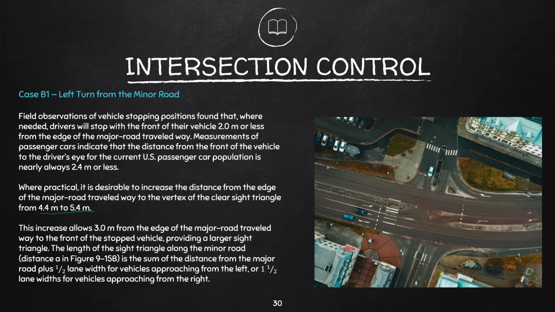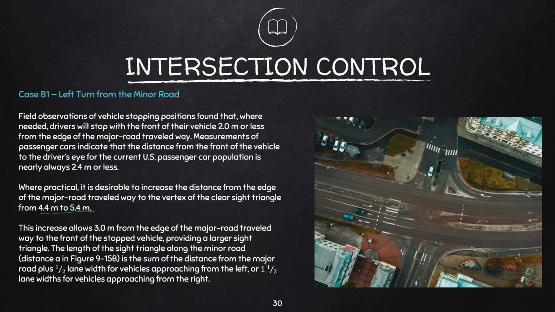If that would be his left, he will need to look at the vehicles on the right. Okay, so we will provide 1 1/2 lane widths on the right for a two lane highway, of course. So that is 4.4 plus 1 whole lane width plus 1/2 of this lane width. Okay, so that is distance A sub 2.